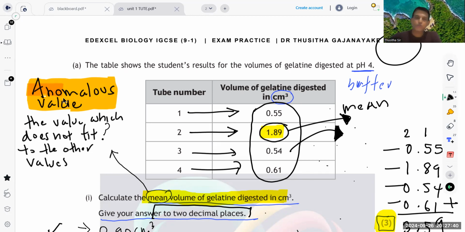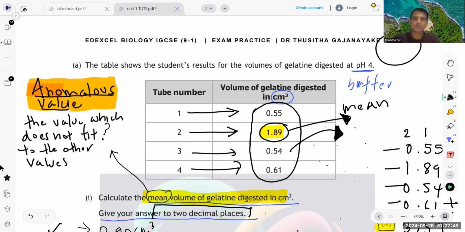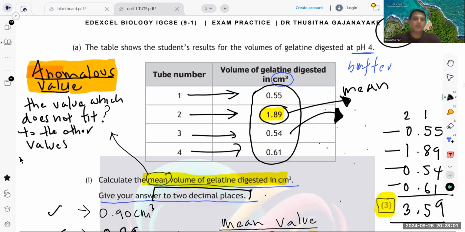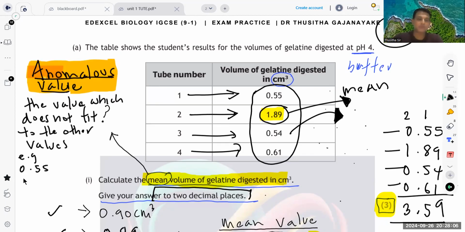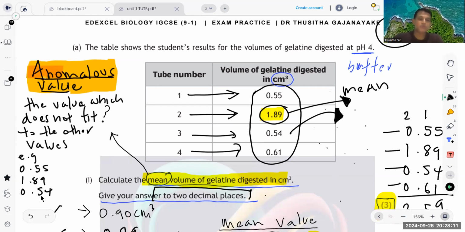So you can write in your notebook, what is the meaning of anomalous value? Write anomalous value, and then you write the value which does not fit to the other values. For example, you can write these values: 0.55, 1.89, 0.54, 0.61.